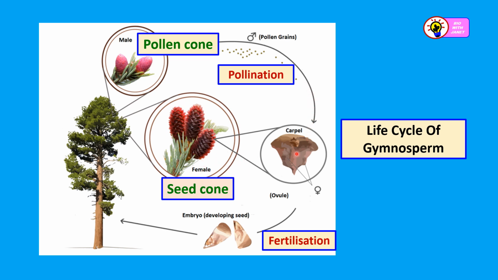So when the male gametes fertilize the female gametes in the ovule here, in the scales, then the embryo is formed after fertilization. The embryo is found inside the seed, it's the young plant. So if the seed falls on the ground and it grows, then it can form the next generation, which is a new tree, an adult tree. Okay, it can grow into an adult tree.